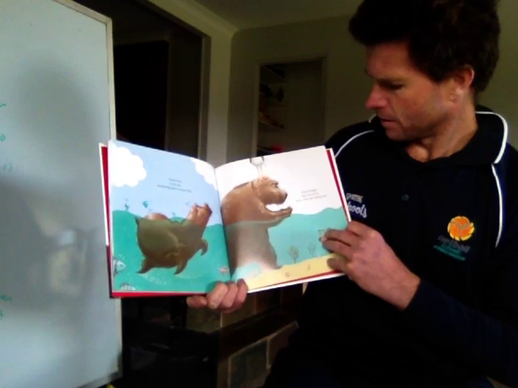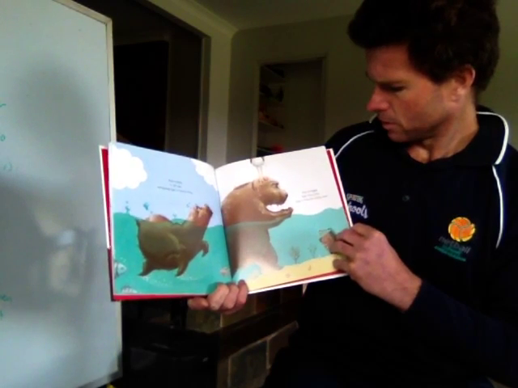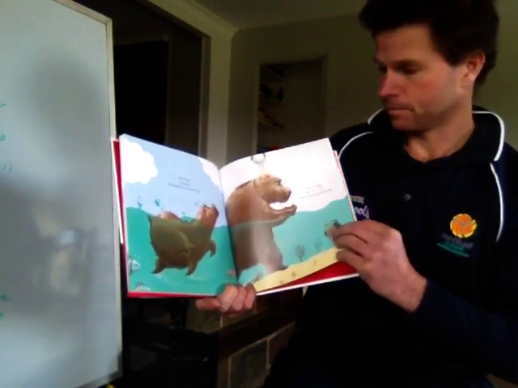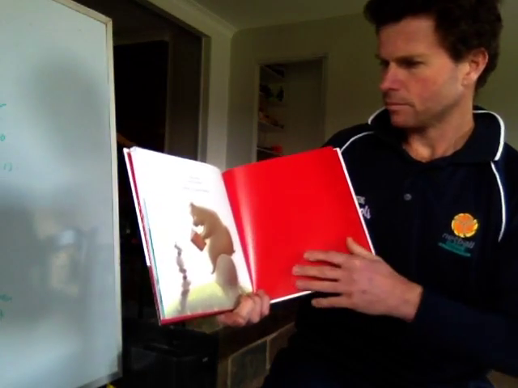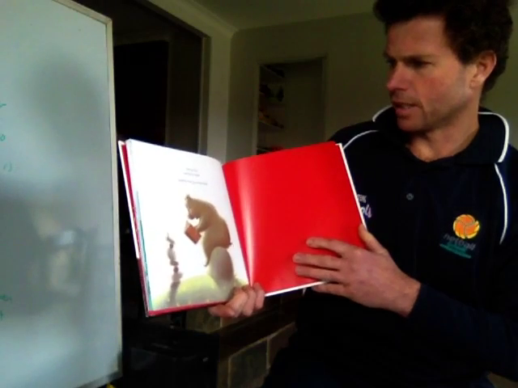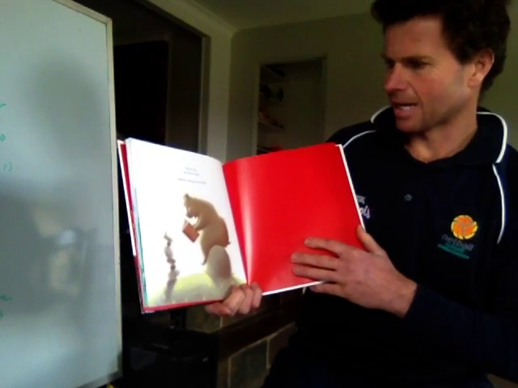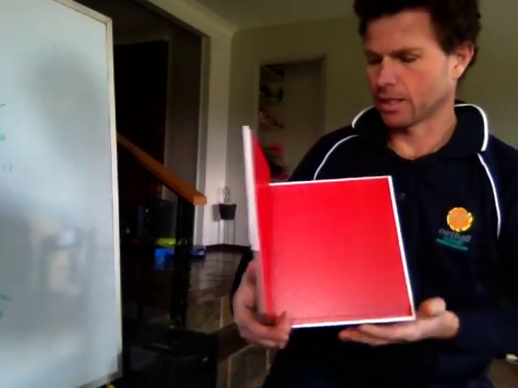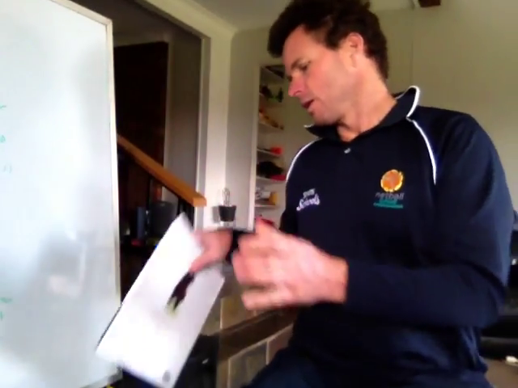Flea is happy Bear can swim. This is Flea not biting him. This is Flea and this is Bear. Together, they go everywhere.